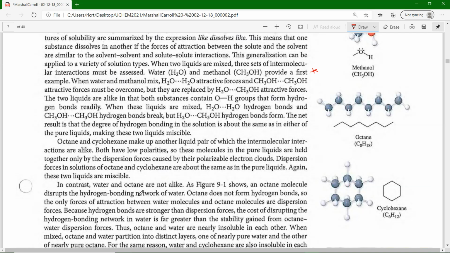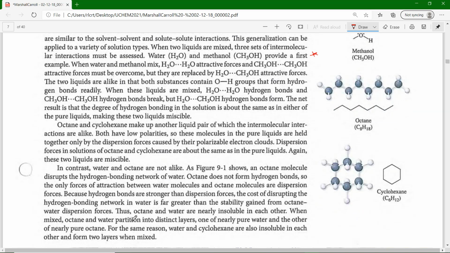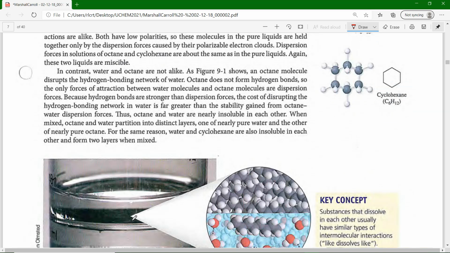The only forces between water and octane are dispersion. Hydrogen bonds are way stronger than dispersion, so the energy needed to break up that hydrogen bonding network in the water is far greater than the stability gained from octane-water dispersion forces. So they are nearly insoluble in each other.